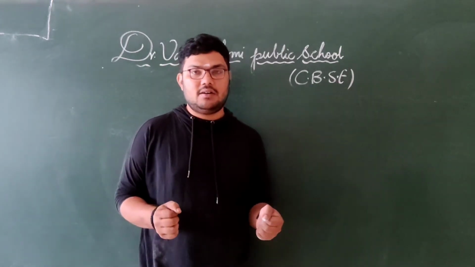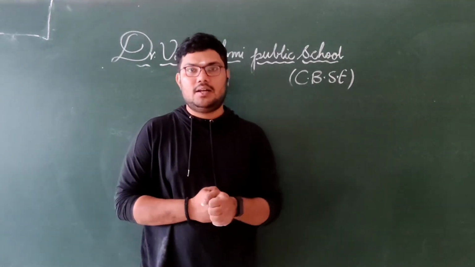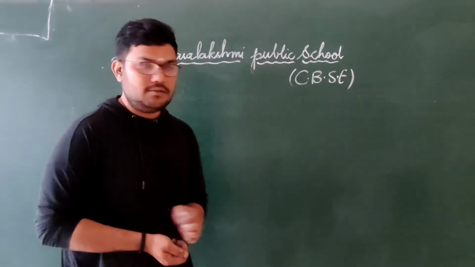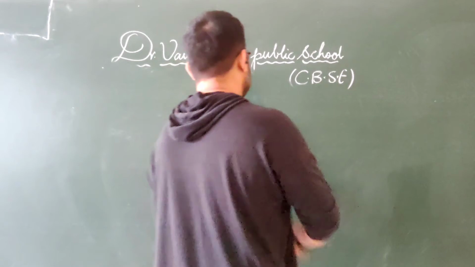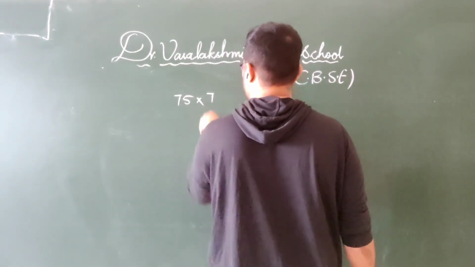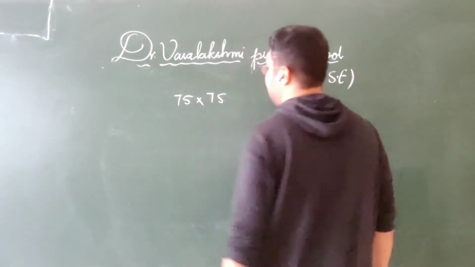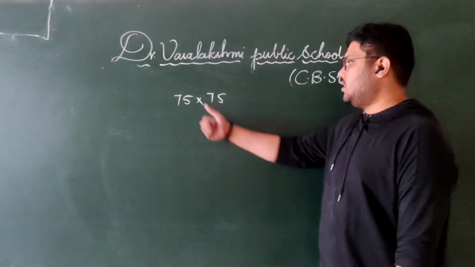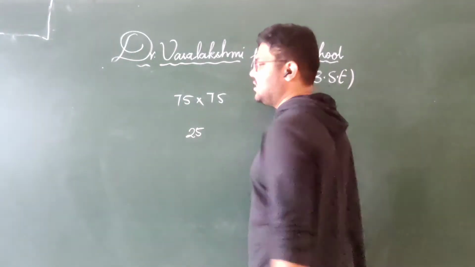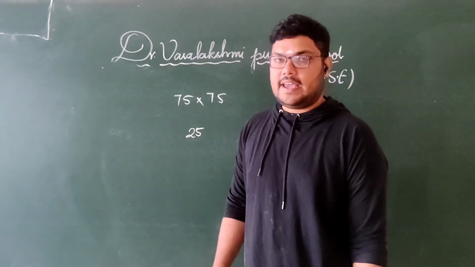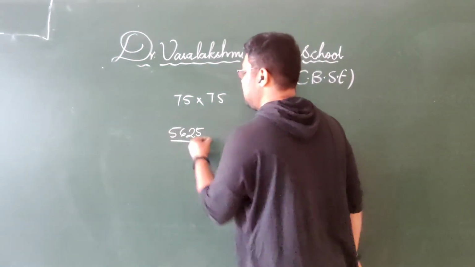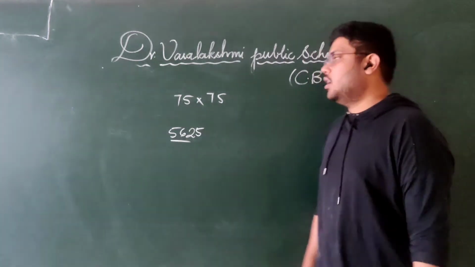If that is the case, how to calculate easily compared to the regular method. Let us try it now. For example, it is given 75 times 75. Just write 5 times 5, that is 25. After 7, what's the next digit? 8. So 7 times 8, that is 56. 5, 6, 2, 5. Right?